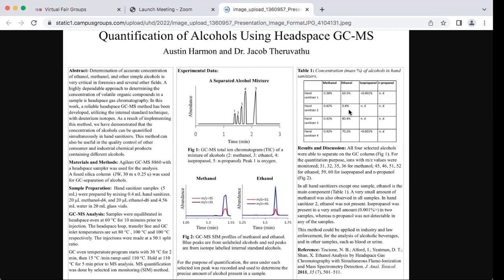Ethanol was the main ingredient in 3 of the hand sanitizers, number 1, 3, and 4, and in hand sanitizer number 2, the label stated that ethanol was not present. Instead of ethanol, they used benzalkonium chloride, and that did not show up in the results.